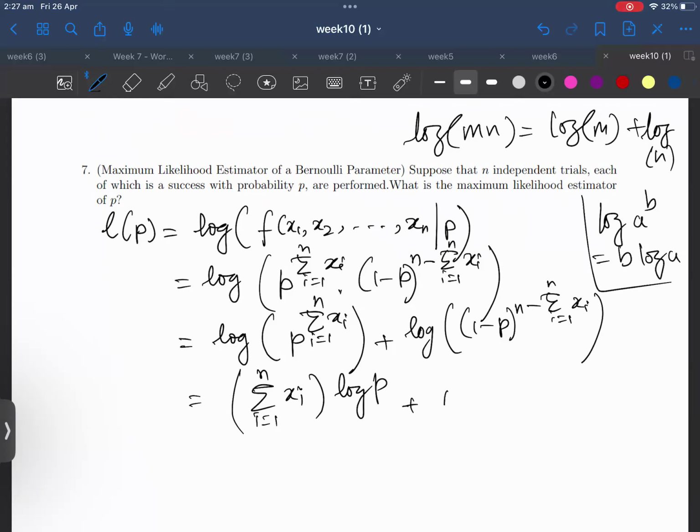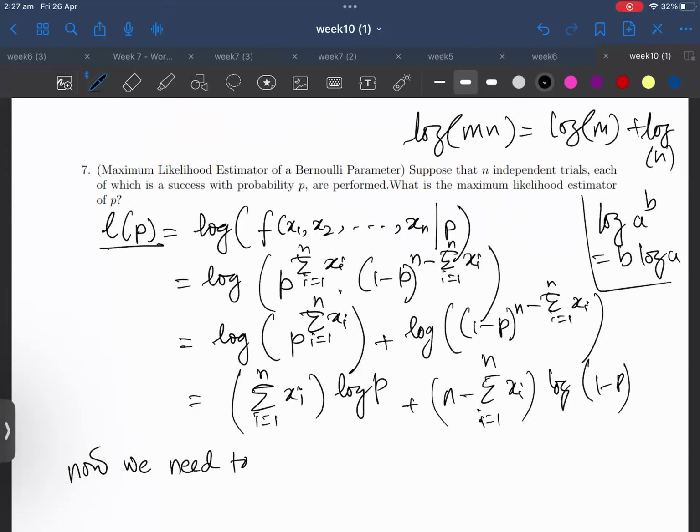So same is here in n minus summation of i equal to 1 to n of xi times log of 1 minus p. Now we need to find L prime of p equal to 0.